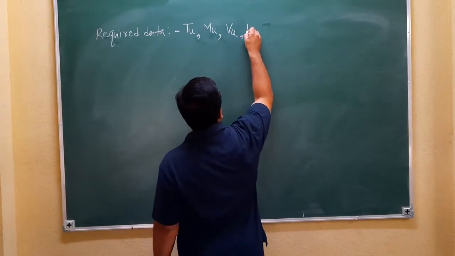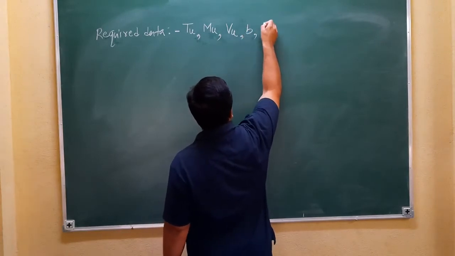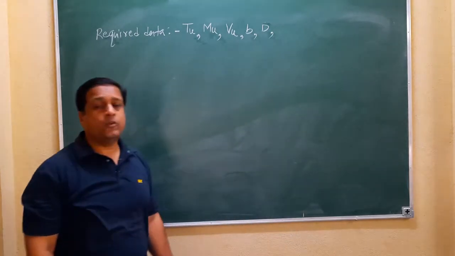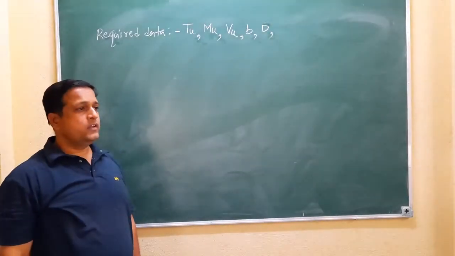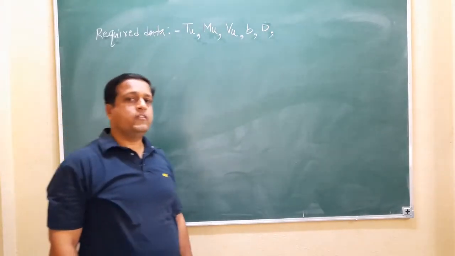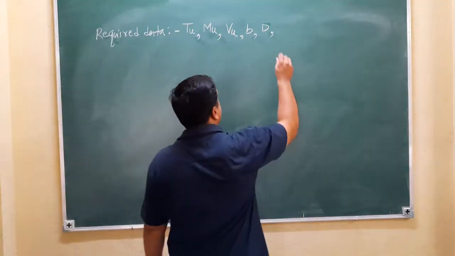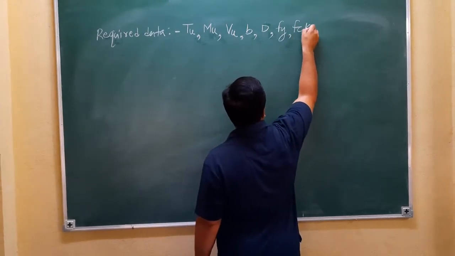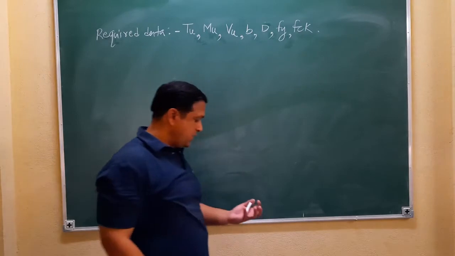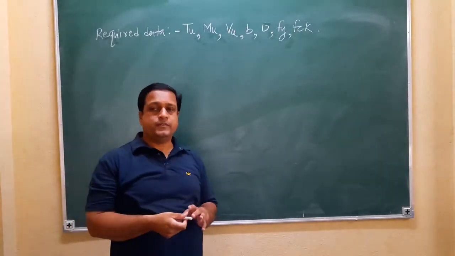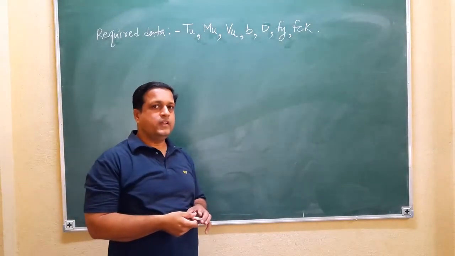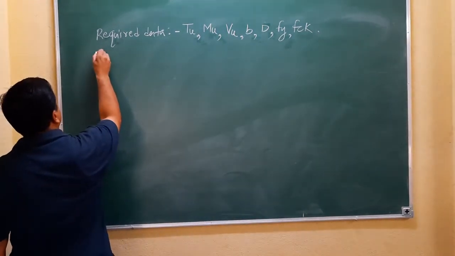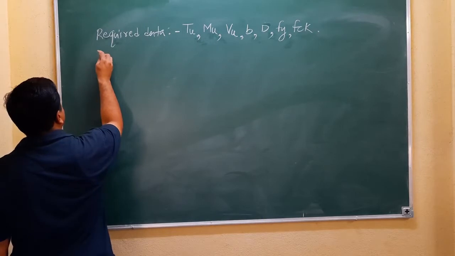Then the width of the beam and generally the depth of the beam are known. If they are unknown, you have to find them out. Then Fy and Fck, these are the properties, the stresses of the material. Then what do you have to calculate?